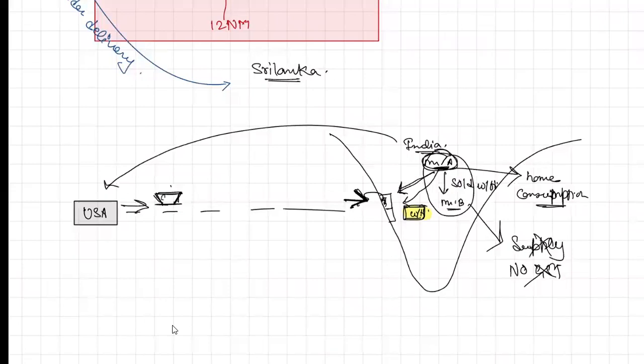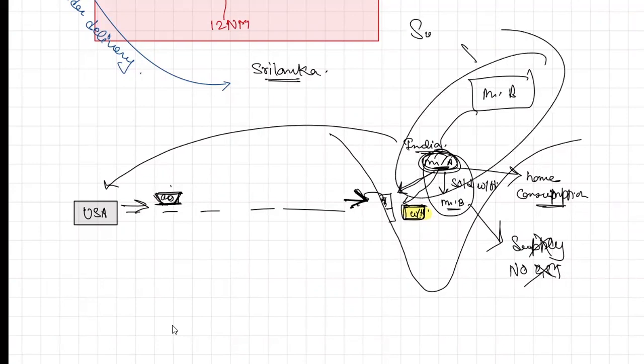Now Mr. A sold these goods to Mr. B. At first he sold the warehouse goods, and second, now he is selling goods which are in transit. Then also there is no GST. This transaction between Mr. A and Mr. B is also not a supply.